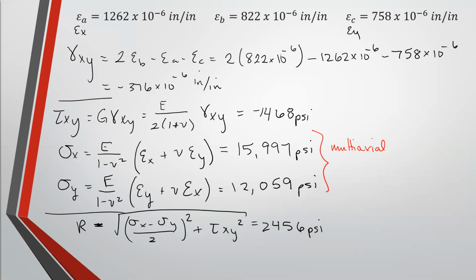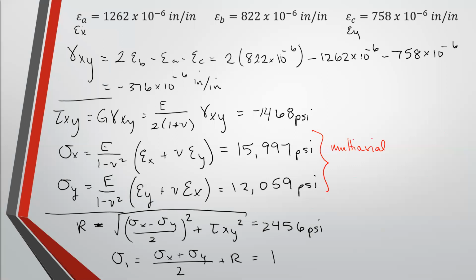Now sigma 1 and sigma 2 are sigma average plus or minus R. So we have sigma x plus sigma y over 2 plus R. So it's approximately 14,000 plus this 2456.